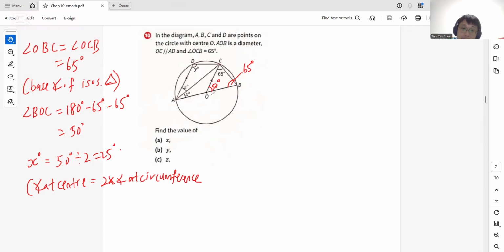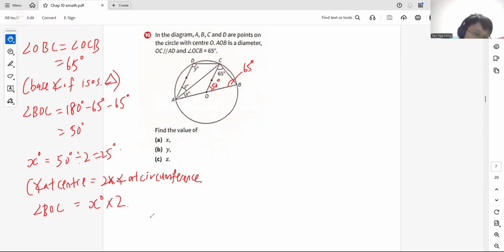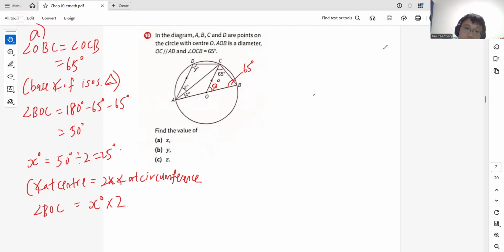Because angle BOC is the angle at center, and then angle OAC, which is x, is actually the angle at circumference. So x degrees times 2. So in order to find x is just 50 divided by 2. Okay, so let's move on to part B.